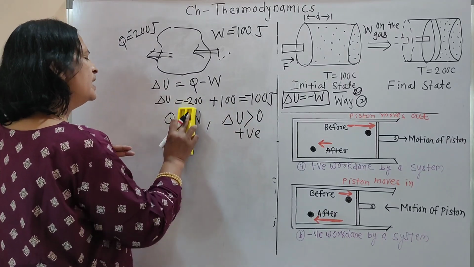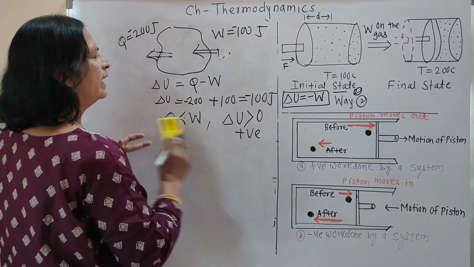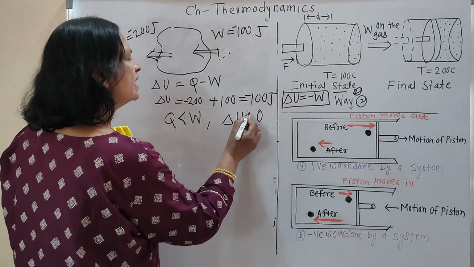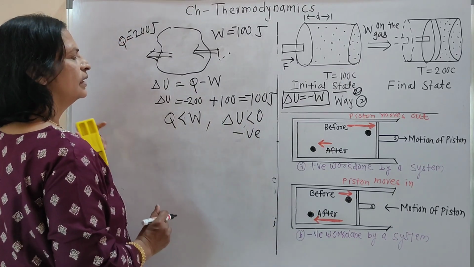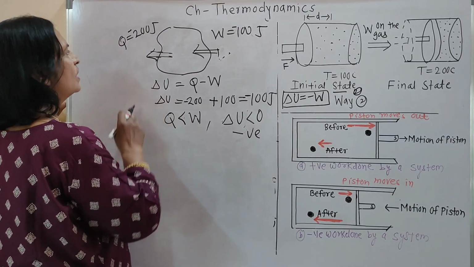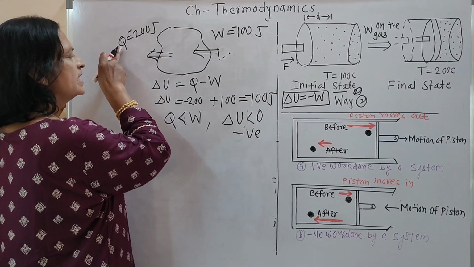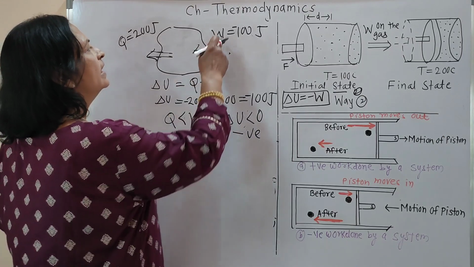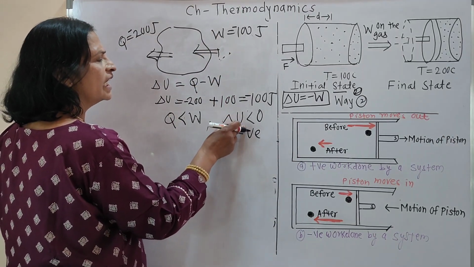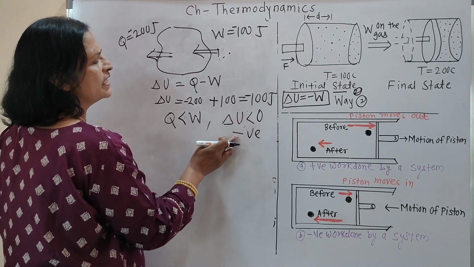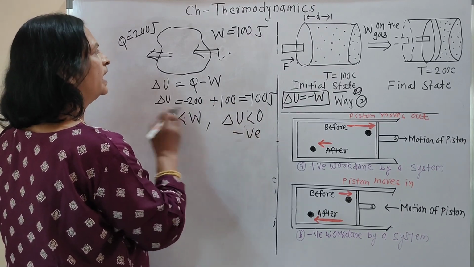It means Q is less than W, and delta U is less than 0, that is, negative. Heat supplied to the system is less than the work done by the system, so the change in internal energy is negative.